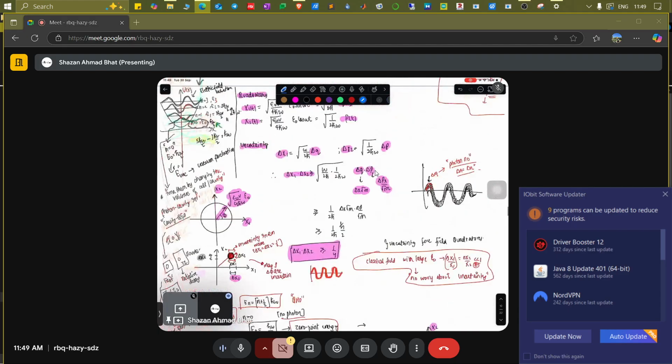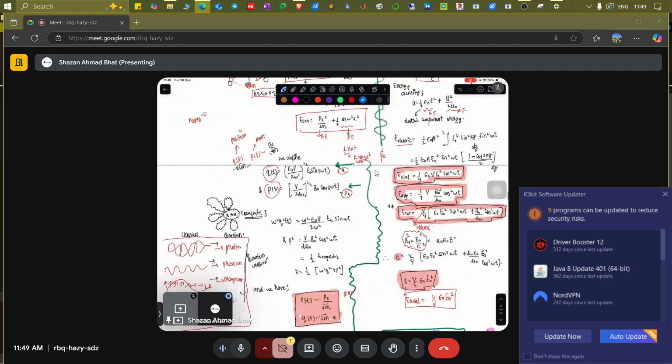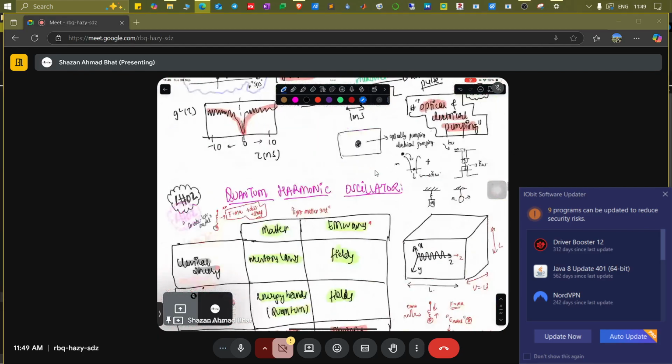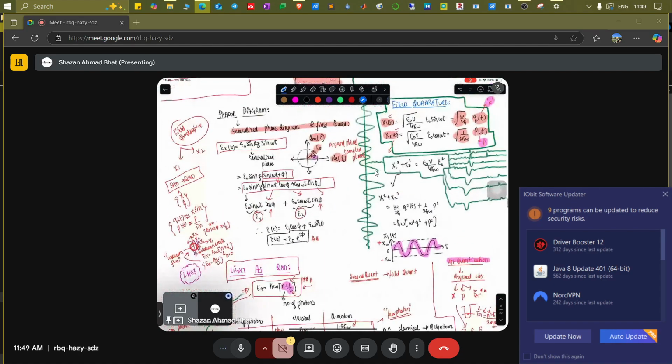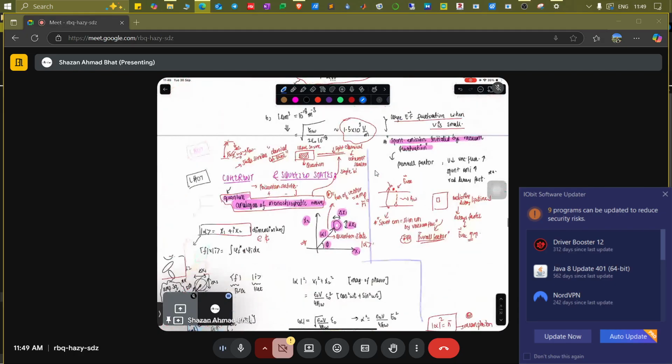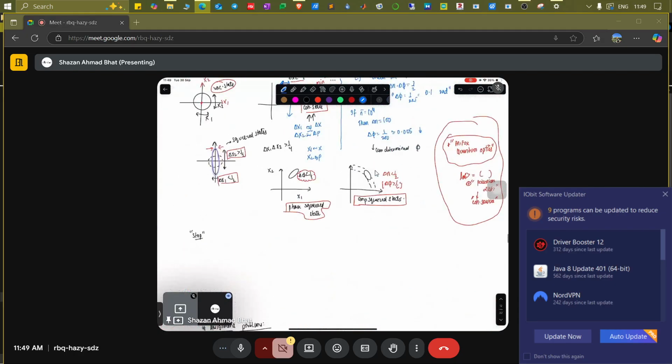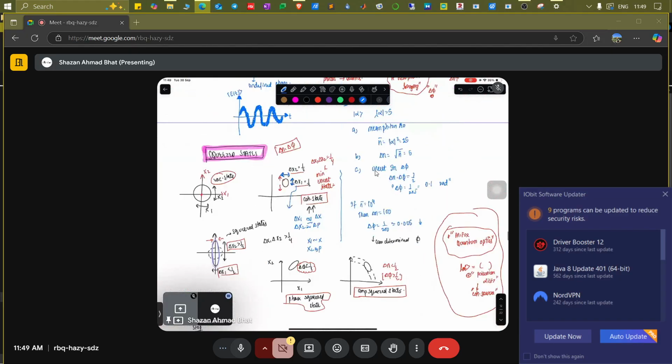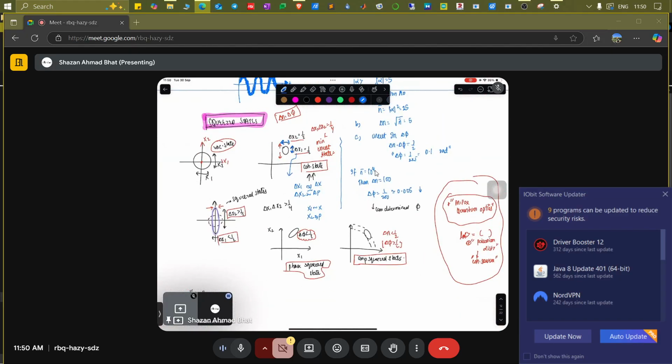If you see these equations, x1 and x2 are related to q of t and p of t, where q of t is related to position and p of t is related to momentum. So in a sense, these uncertainties are related to uncertainties in the position and the momentum.